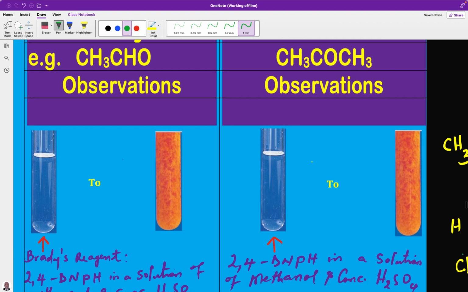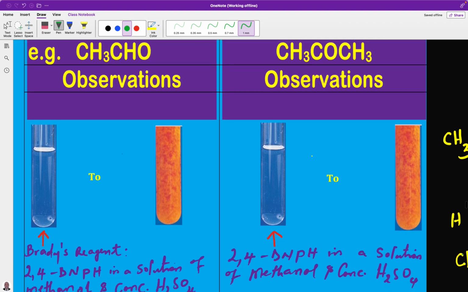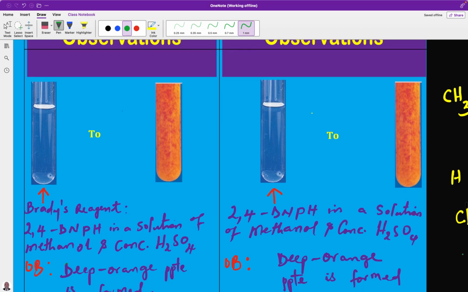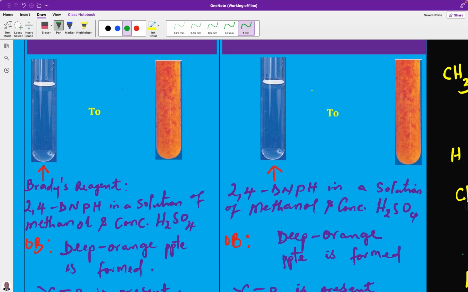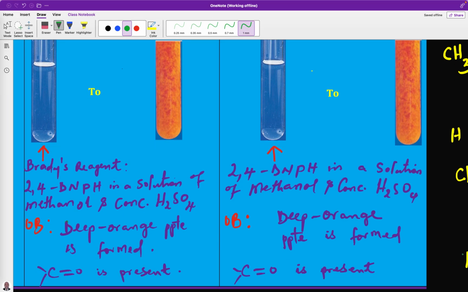In the other test tube containing acetone or propanone, there will also be a deep orange precipitate, also indicating the presence of the carbonyl group there.